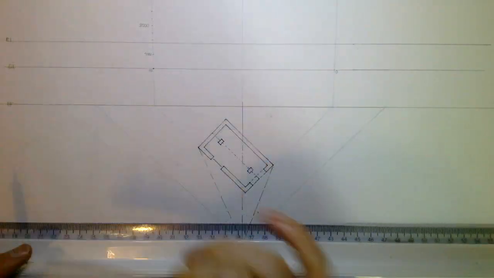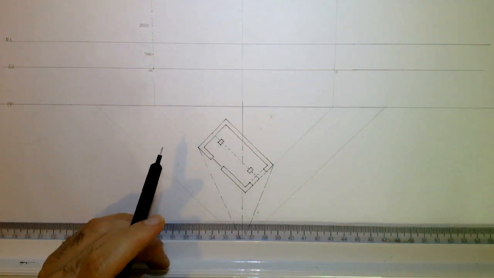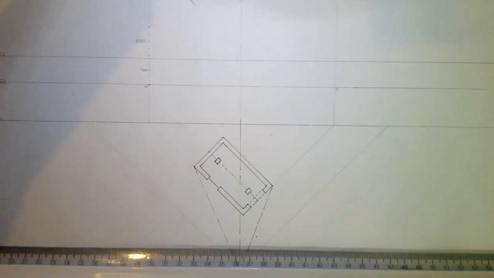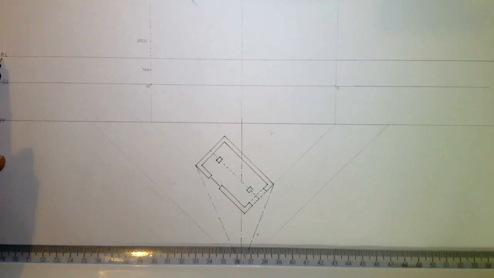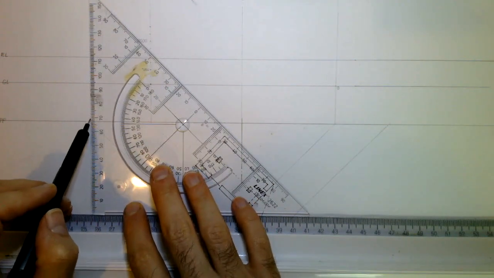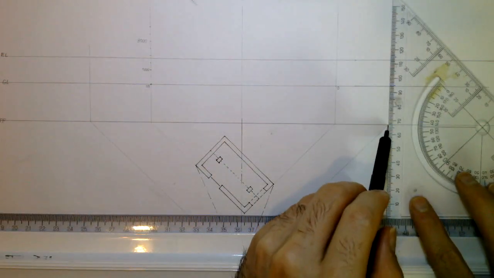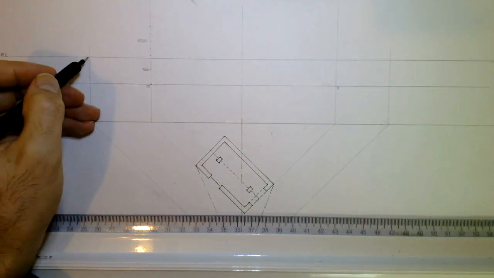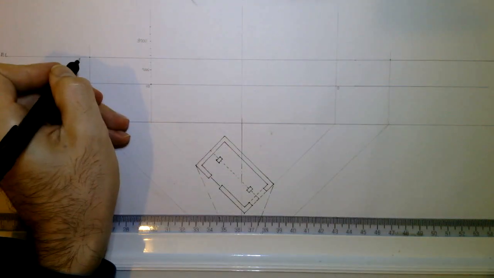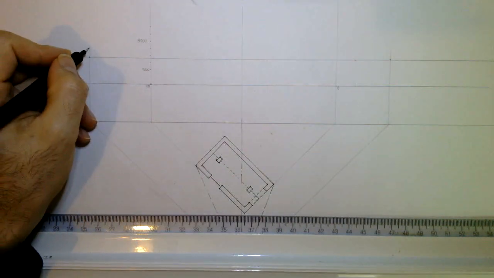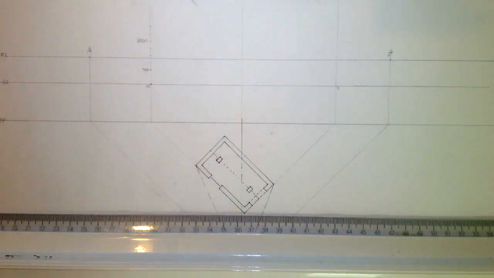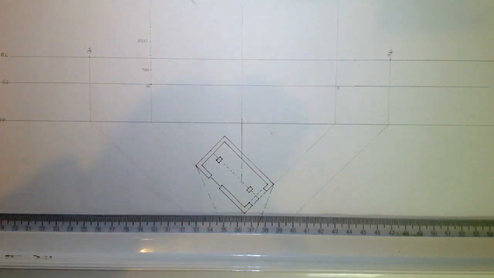And we know that vanishing points are always on the eye line or horizon line. So we take them up from the picture plane, and there we have our vanishing points. So this is vanishing point 1 and vanishing point 2, or left and right, as you wish.